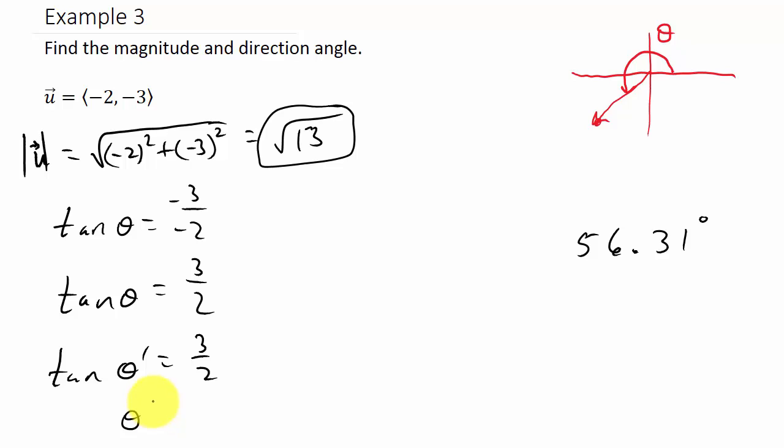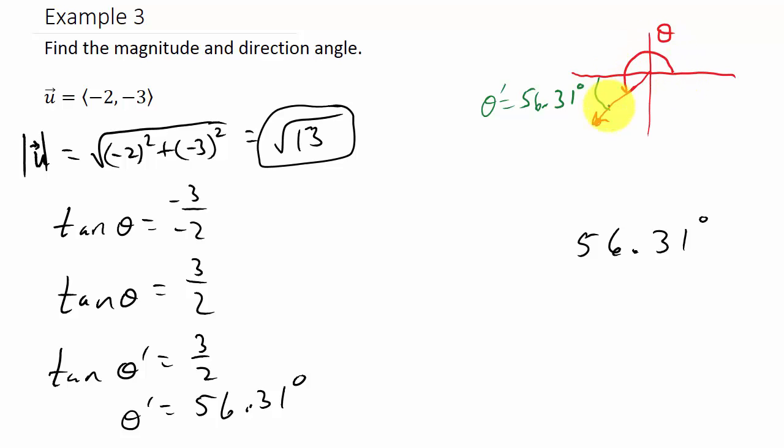And so I get theta prime, and the prime, all that means is this is my reference angle. We need to find our reference angle, this angle right here. That's theta prime is 56.31 degrees.